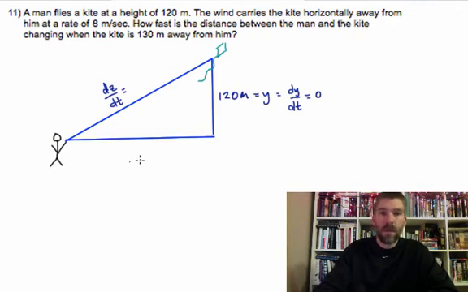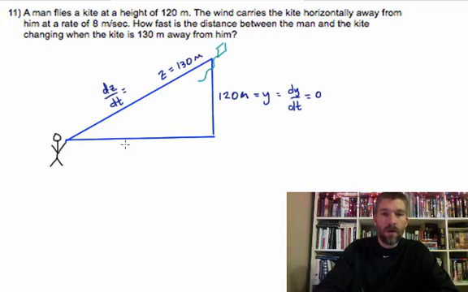And then at the exact instant in time that we're curious about, we know that the kite is 130 meters away from him. So we know that up here, this distance, we'll call it z, is 130 meters.